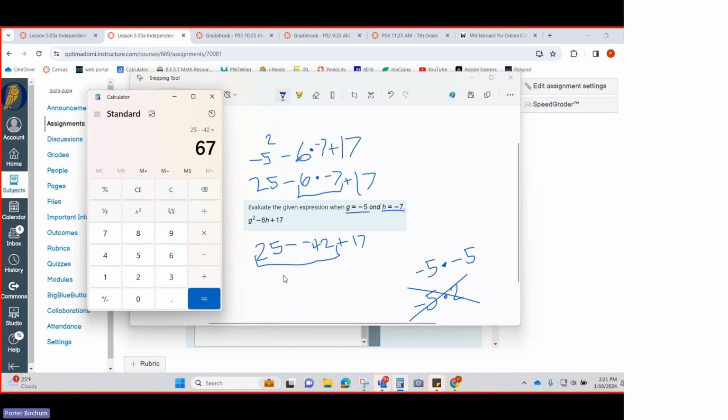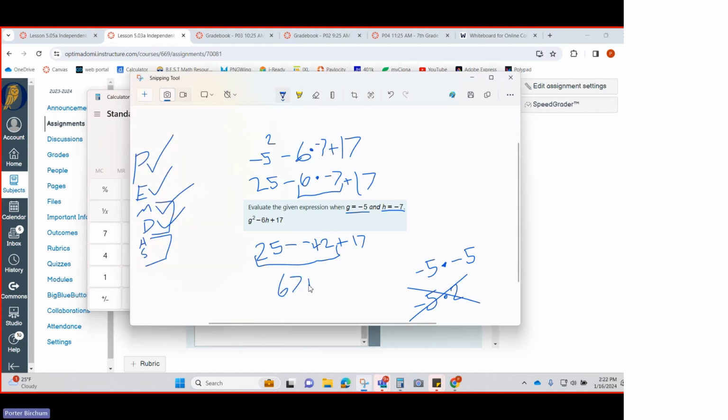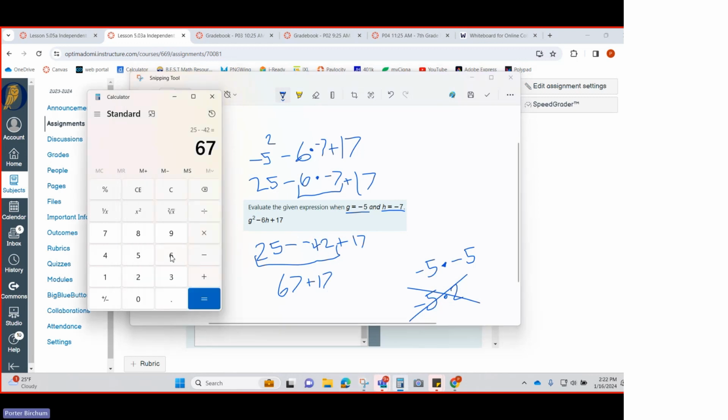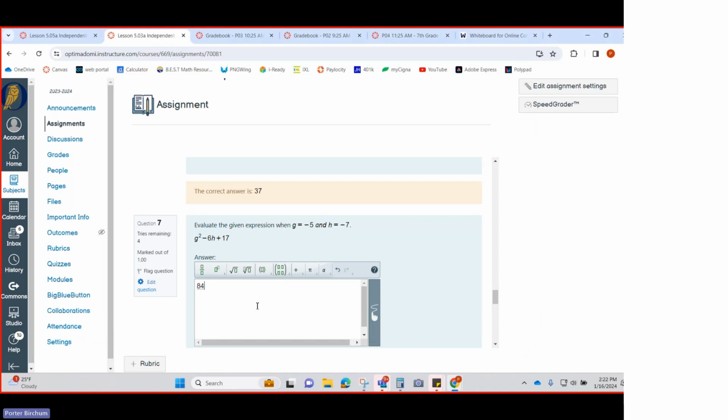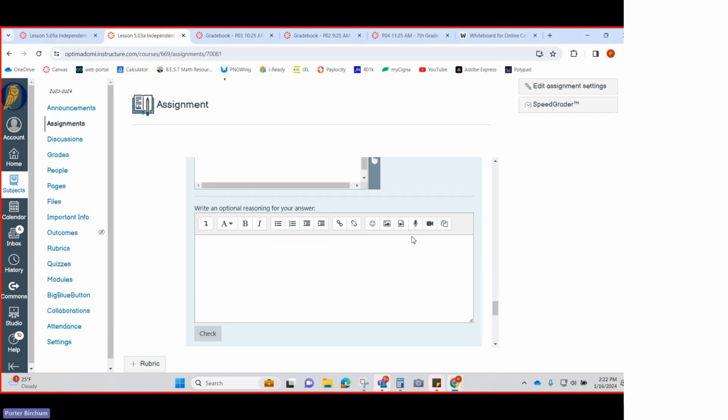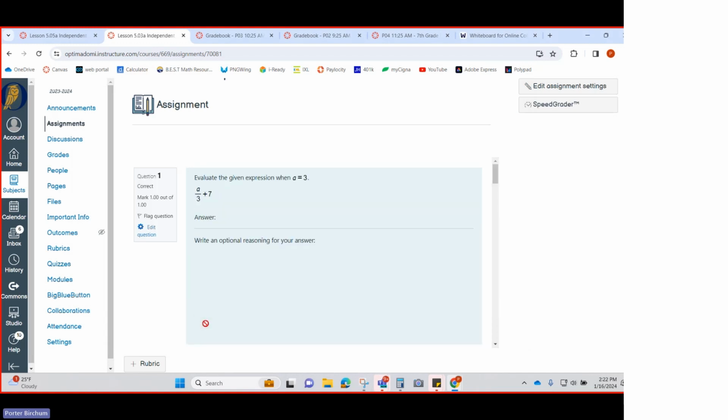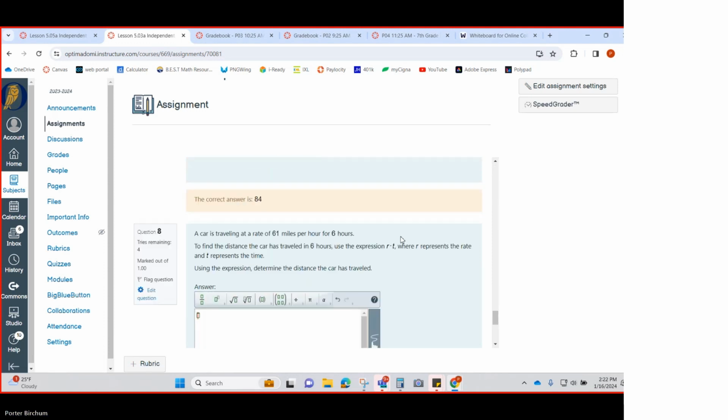We get 67. 67 plus 17 is, now we're at the end, my favorite part, just adding, it's 84. Brain's getting tired. So we subtracted, we added, we're done. Again, your numbers might be different than my numbers, but the questions will be very similar. Last question.